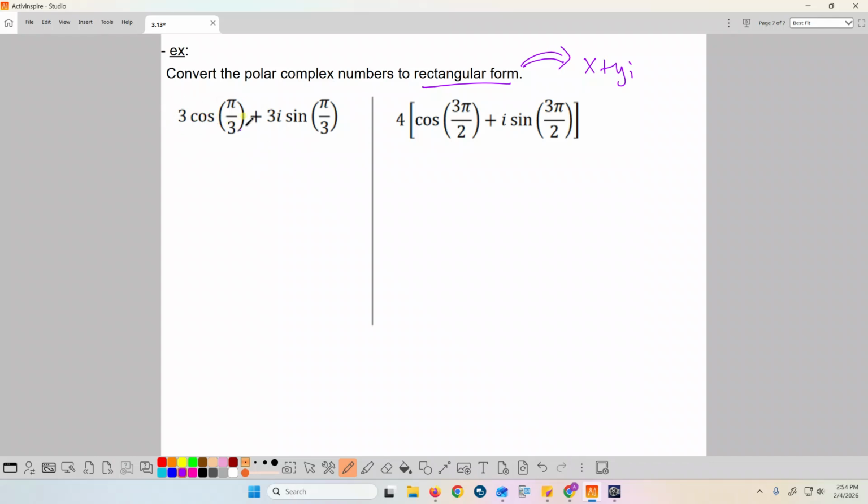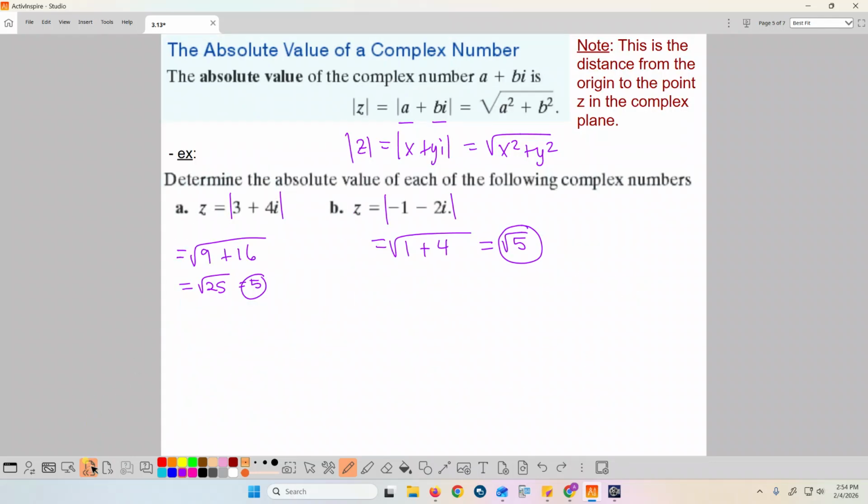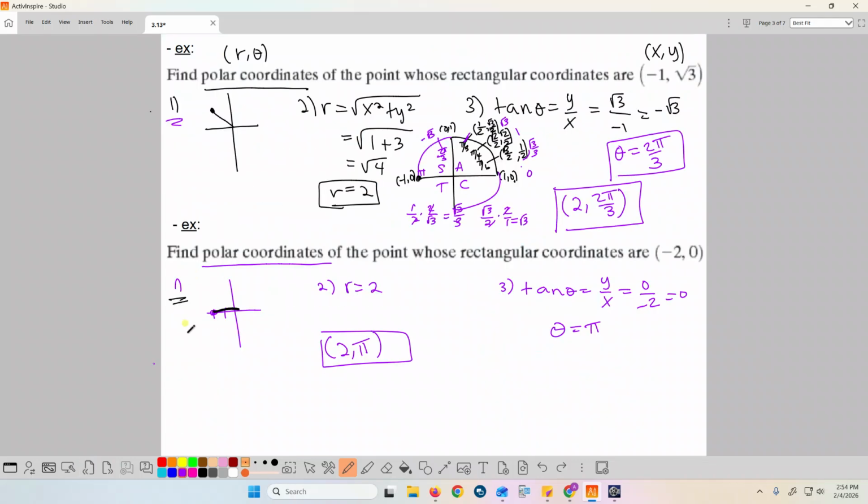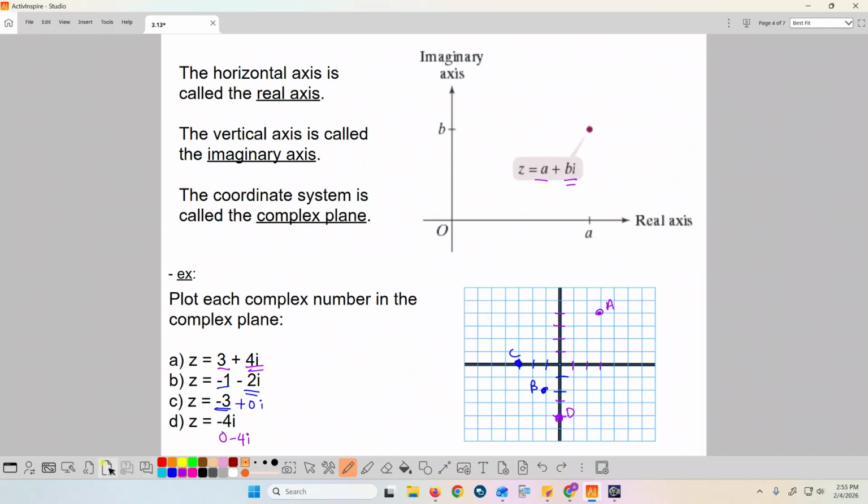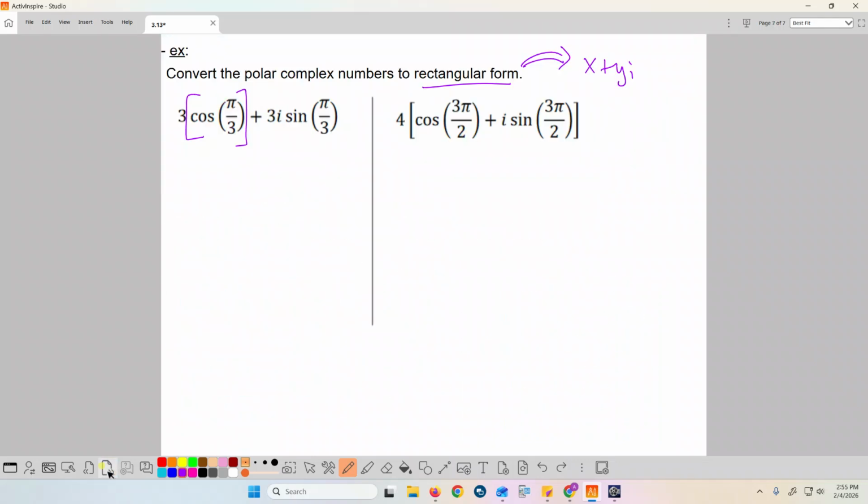Well, let's think about this. Could we find cosine of pi over 3? Feel like we did that on the unit circle somewhere, right? And where did we do that? Let's see. Oof, way back here, right? So at pi over 3, remember we got 1/2 for the cosine and square root of 3 over 2 for the sine. So I'm going to fill in some of these values.